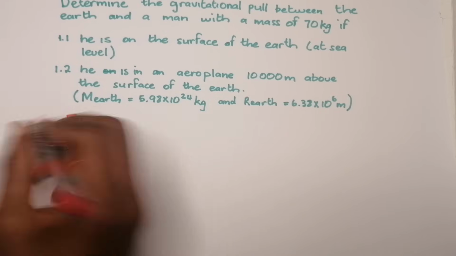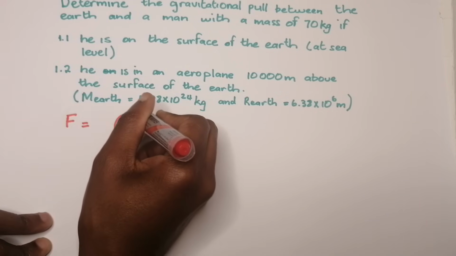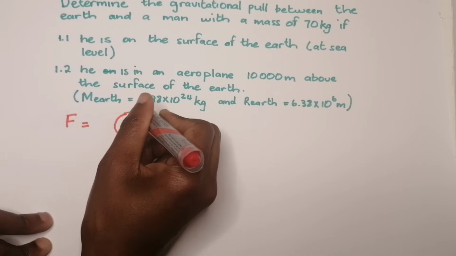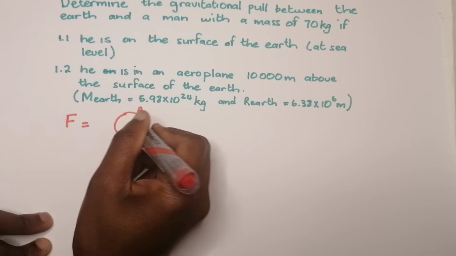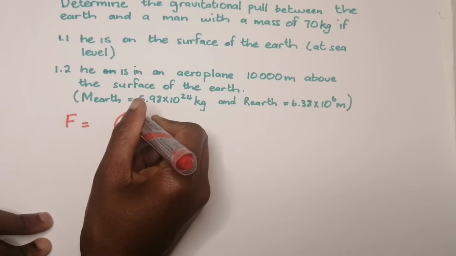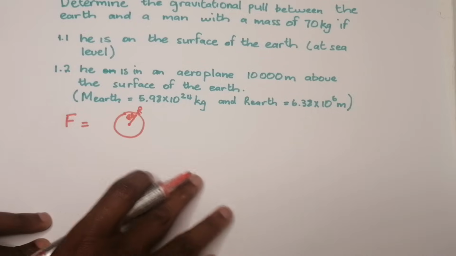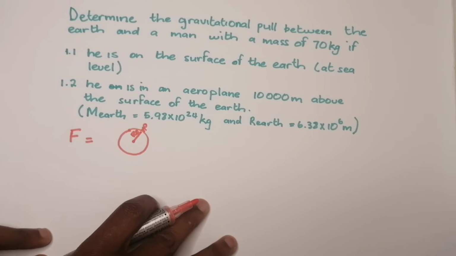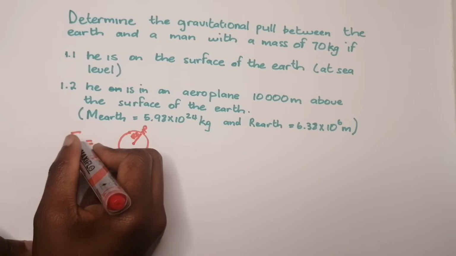Now, let me draw that first. Here's a person standing on the surface of the Earth. In this particular case, I know that the distance would be merely the radius of the Earth, so that would be RE. I tried to squeeze that in there. So the radius would be the radius of the Earth.